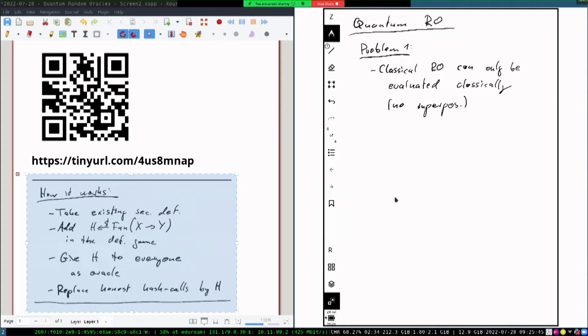However, a real-life hash function, no matter how well designed it is, can always be evaluated in superposition.